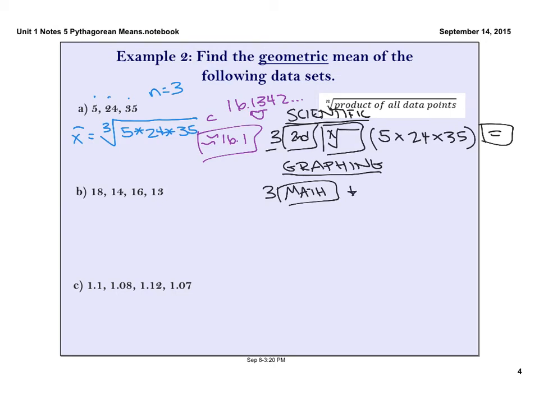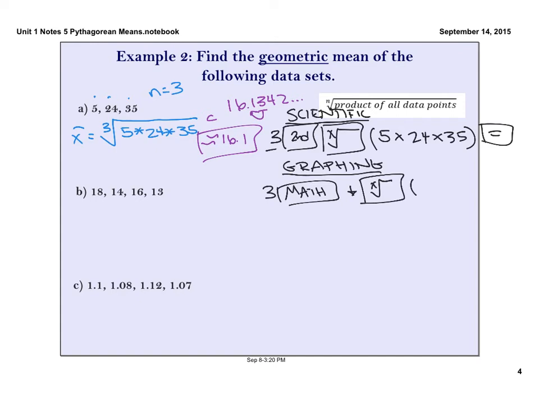On my calculator, it's option 5, but you're looking for this one. It's probably option 5, or depending on the age of your calculator and what operating system you have, it could be different. But anyways, you're going to arrow down until you see that. Enter on that, and it's going to pull it to your home screen.